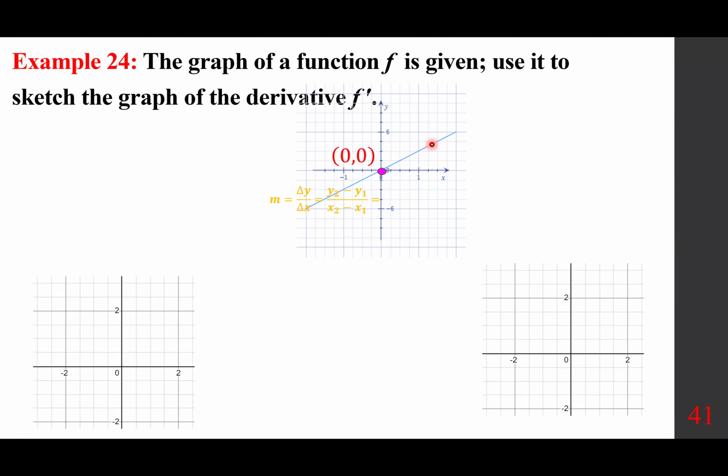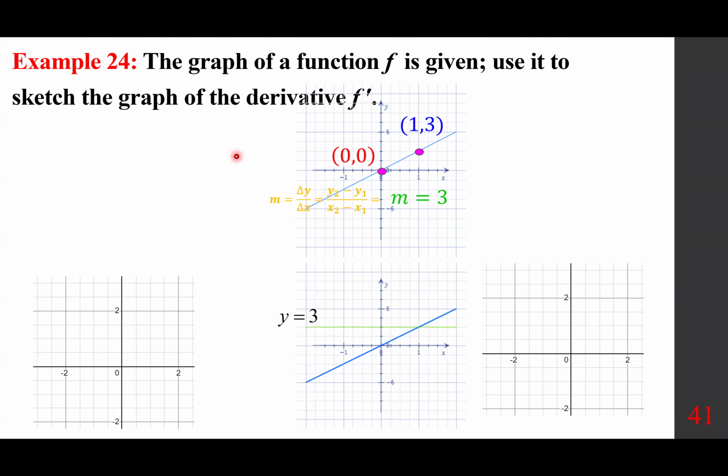This is located at 0, 0, and this one is located at 1, 3, because this is number 6, everybody. And so you calculate the slope, rise over run, 3 minus 0 over 1 minus 0. And so the answer is y equals 3, which is a horizontal line. It's that simple.